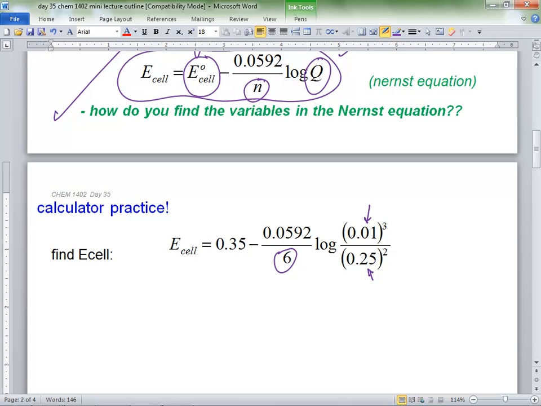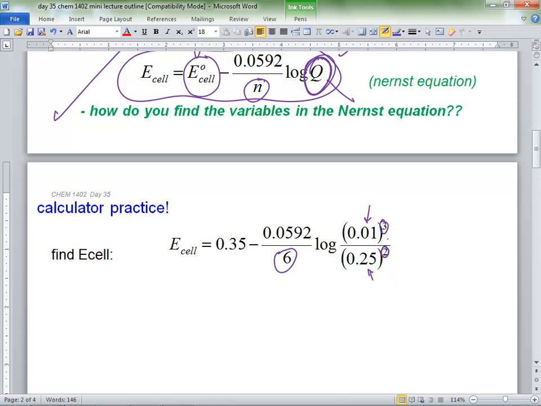Remember what this is? This guy right here. Products over reactants. They're what? They're concentrations. How about this? Where did these guys come from? Yeah, those things in front and their overall chemical reaction.